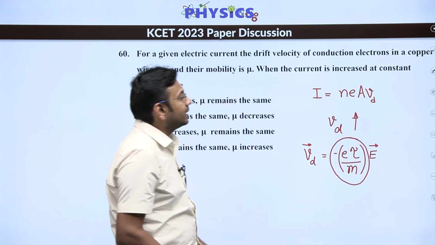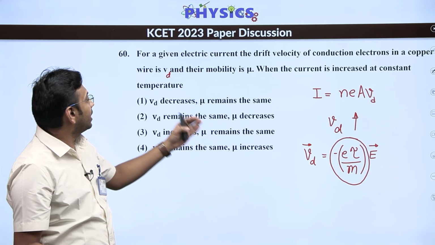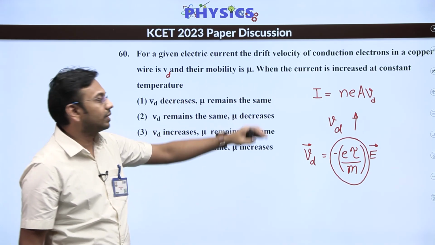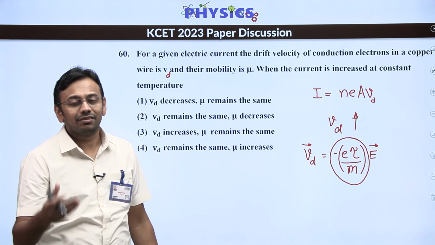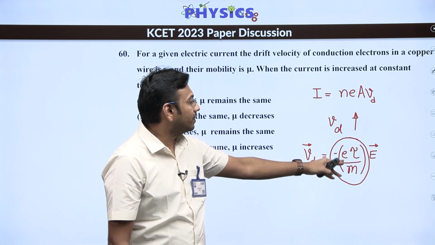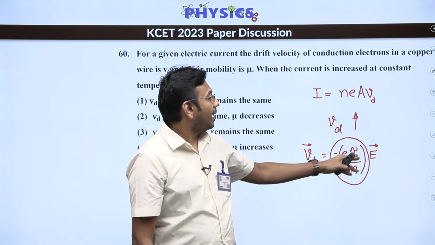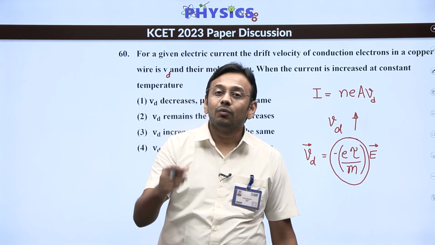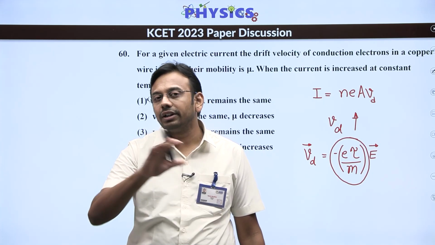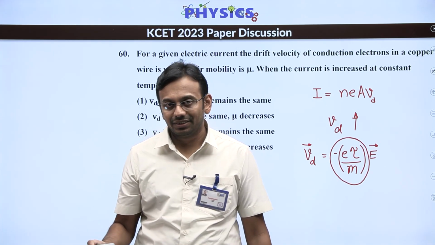and that we can clearly see is not going to change if the temperature is constant, because e and m, once again, they are constant values, they are physical constants, charge of electron, mass of electron, and tau is the mean relaxation time, which also depends only on temperature, nothing else, okay.